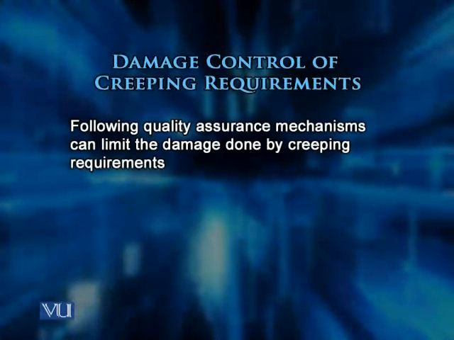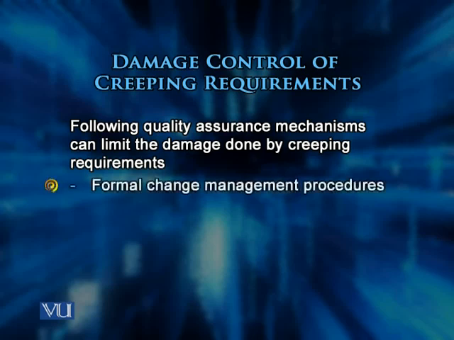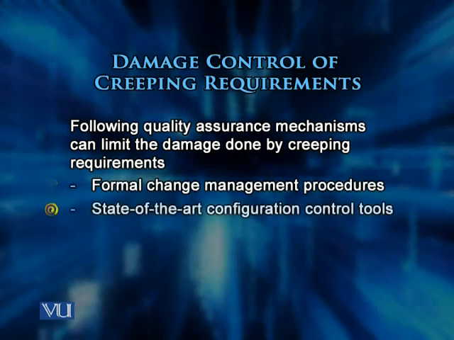Now what can we do to control the damage done by creeping requirements? We can use a number of quality assurance mechanisms to limit the damage done by these changing or creeping requirements. First of all is to have a formal change management procedure in place. To support that, we must have state-of-the-art configuration control tools. The first two are related. First is the procedure and policy.